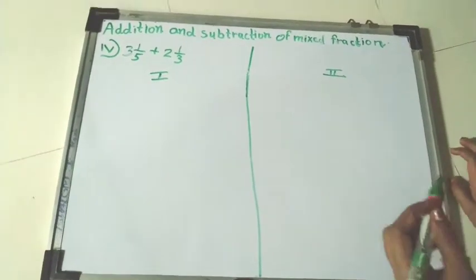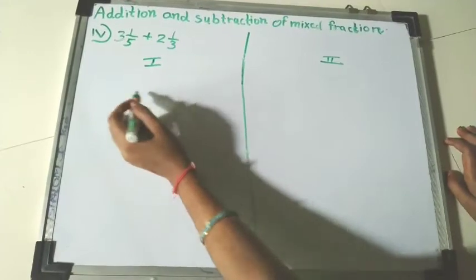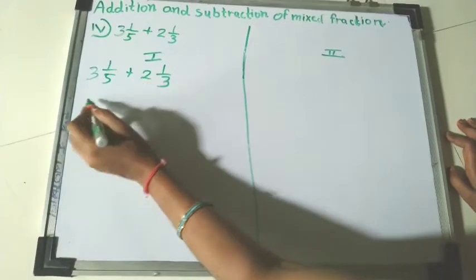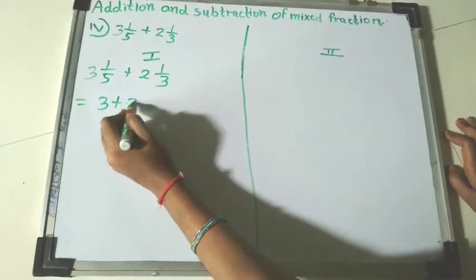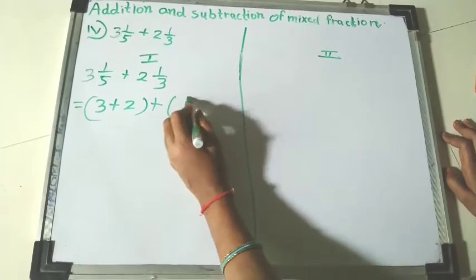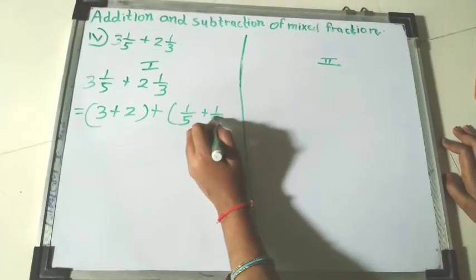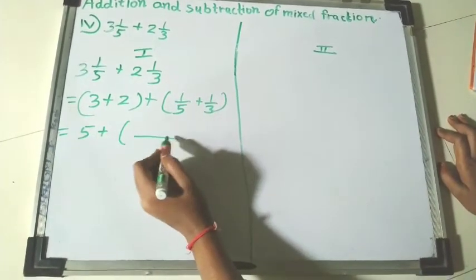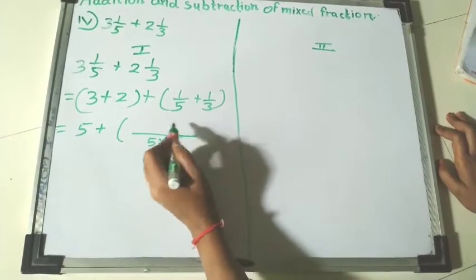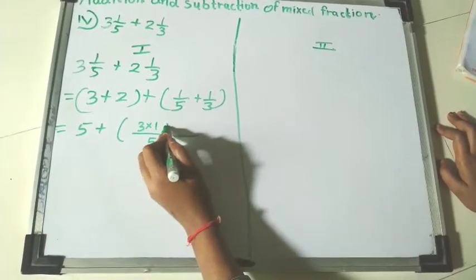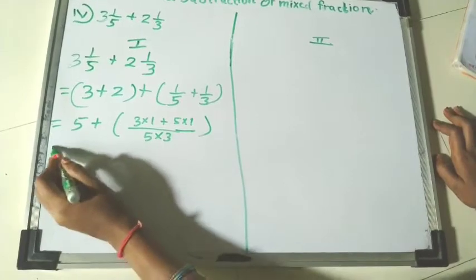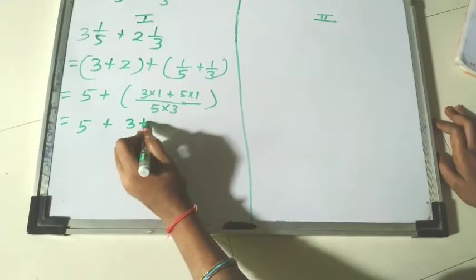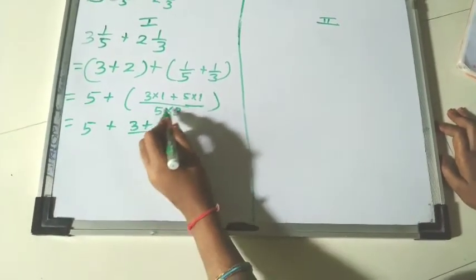Question is 3 upon 1 by 5 plus 2 upon 1 by 3. At first write 3 upon 1 by 5 plus 2 upon 1 by 3. How can we do? At first take 3 plus 2 on one side and 1 by 5 plus 1 by 3 on another side. 3 plus 2 is 5, plus take the LCM 5 multiply 3 into 1 plus 5 into 1, 5 plus 3, 1 ja 3, plus 3 plus 5 by 5 3s are 15.